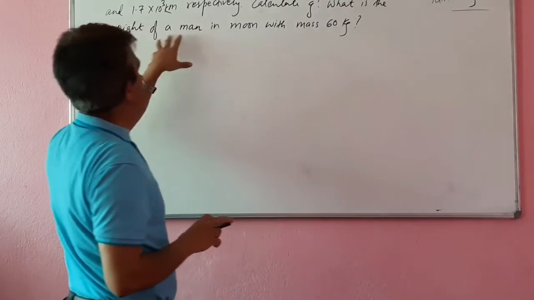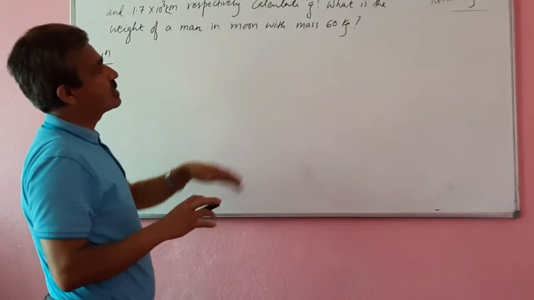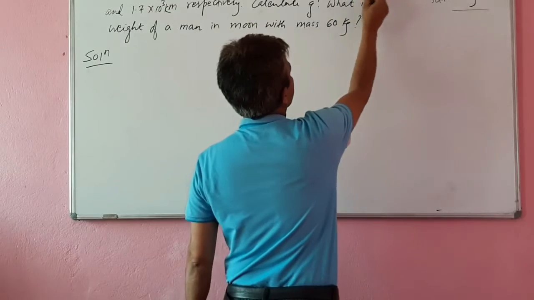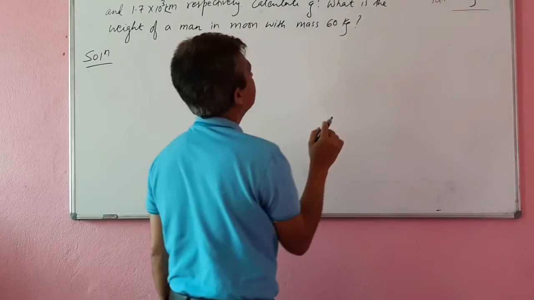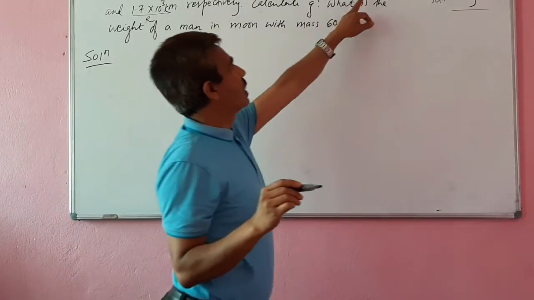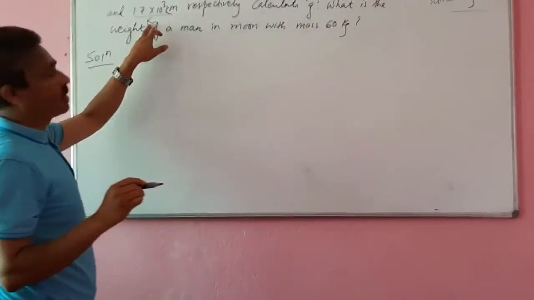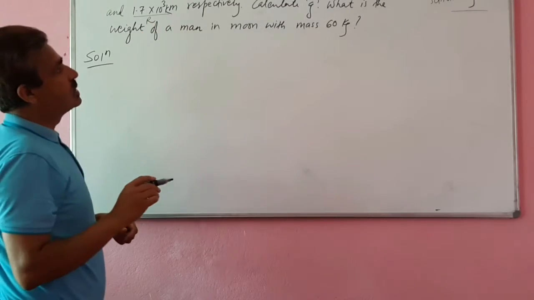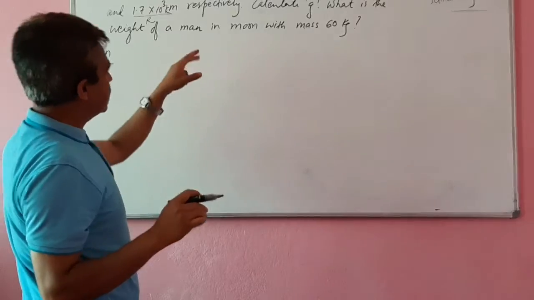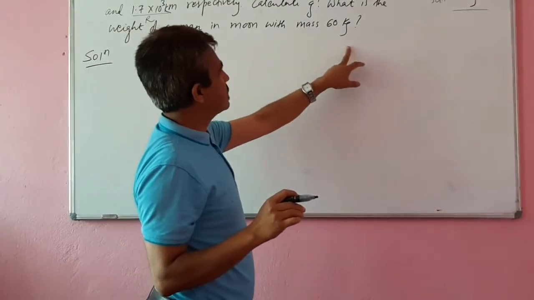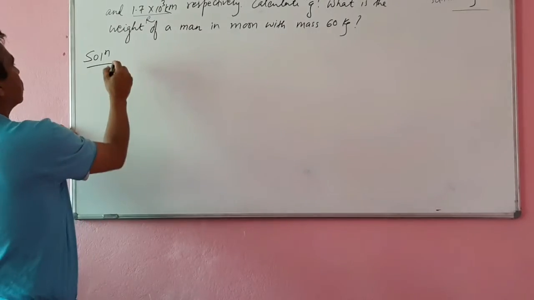What is the weight of a man on the moon with mass 60 kg? Students, what is this? Mass of the moon. What is this? Radius of the moon. It is capital M, it is capital R. Then we have to calculate g. And here the mass of the person is given as 60 kg. What is the weight? Solution here.